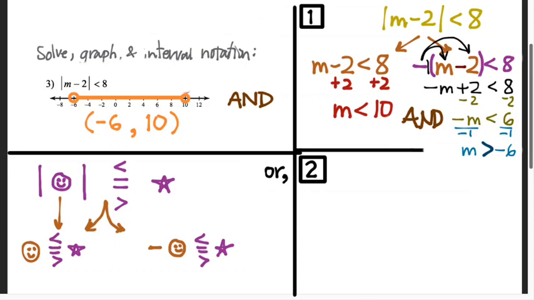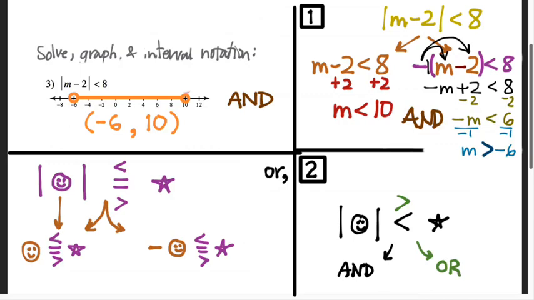The rule of thumb is that if I start with an absolute value of something is less than, then this becomes an "and" when it splits apart. Whereas if we start with an absolute value inequality that's greater than, that becomes an "or" if we split it into a compound inequality. So this method of solution is kind of nice, but it creates this extra overhead of having to remember not only how to split apart the absolute value, but also how to compound the two inequalities that you get when you split them apart.